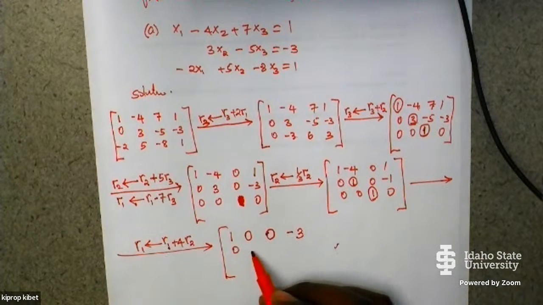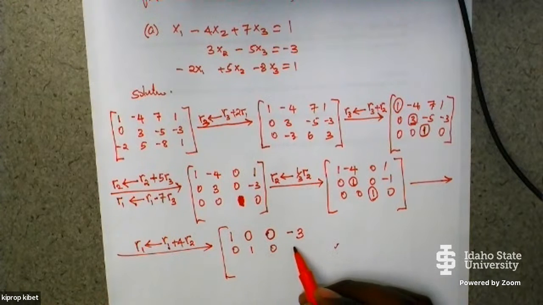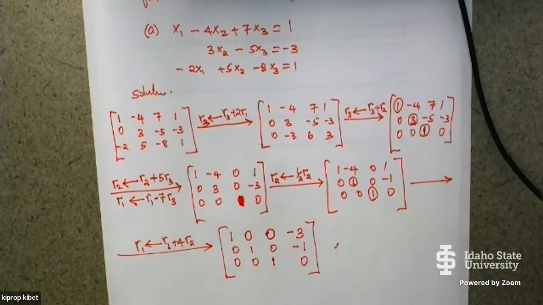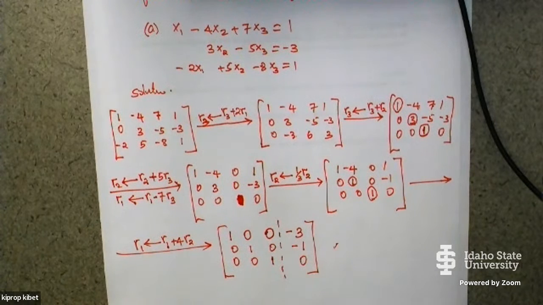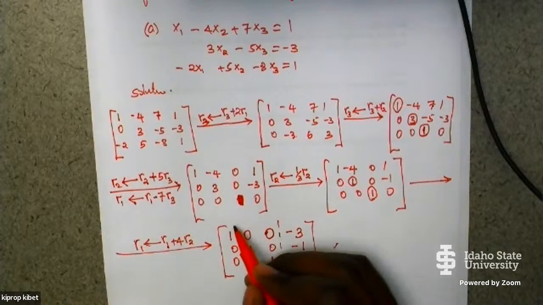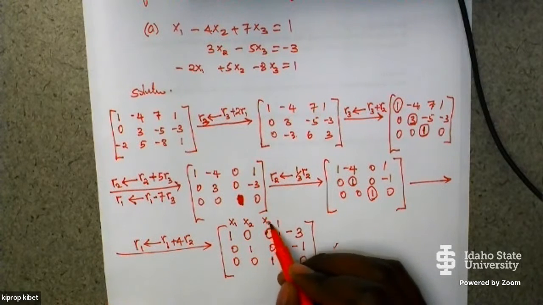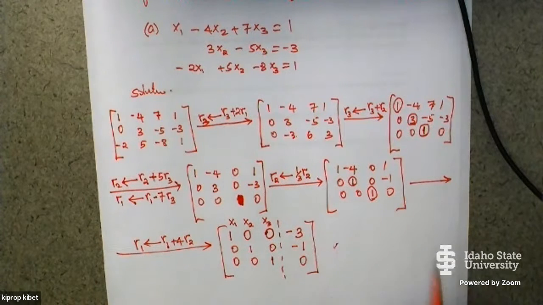Then 0, 1, 0, negative 1, and then 0, 0, 1, and then 0, 0, 0, 1. So therefore, we now have that. In this case, this is x1, x2, and x3, and this is the solution.